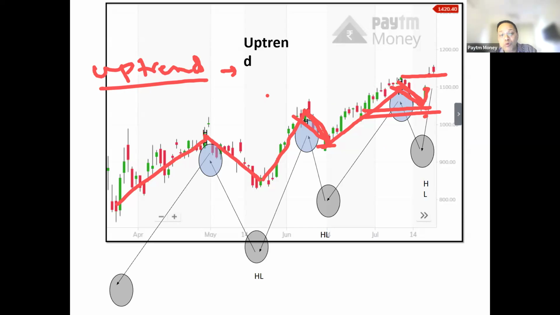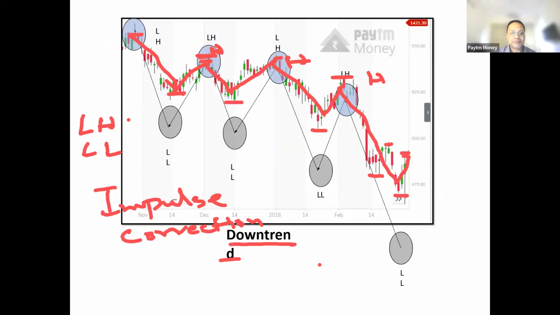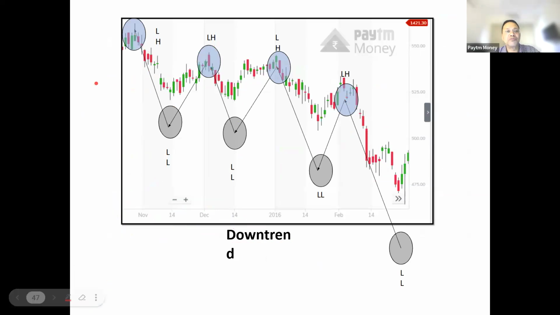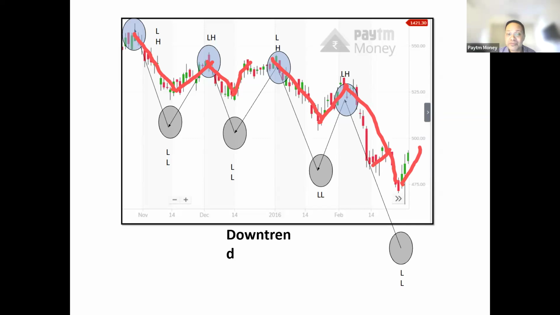Now, in a downtrend, again, let's remove this. Now, this is impulse, correction, impulse, correction, okay? Impulse, correction, impulse. The drawing is not coming out properly. Correction, impulse, and this is a corrective move, right?